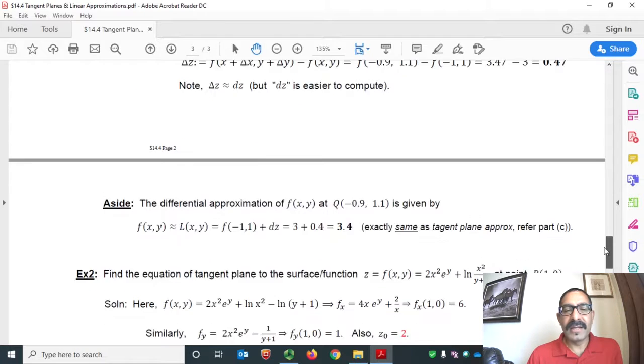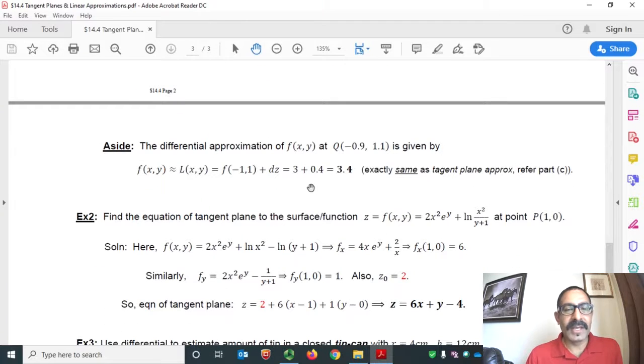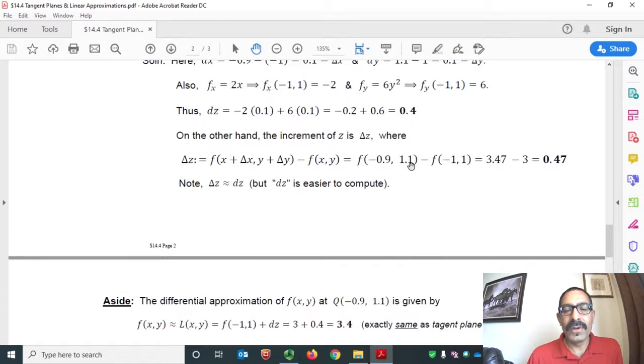Now, a quick aside: find the differential approximation of f at point Q. By the given formula, f of x, y approximated by L of x, y equals f at P plus the total differential. f at P, which is f at minus 1, is 3, plus dz. dz is 0.4.